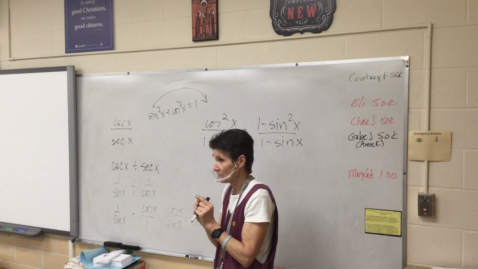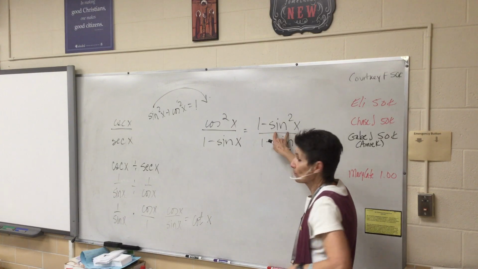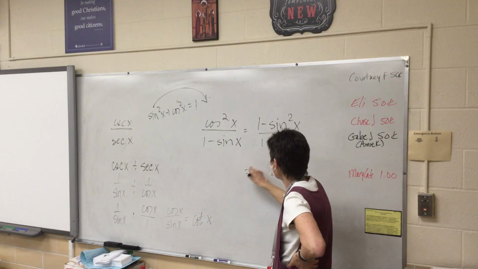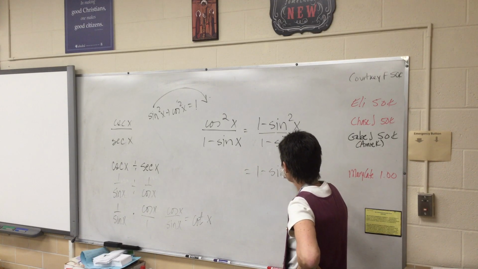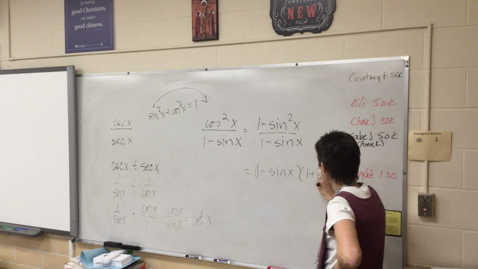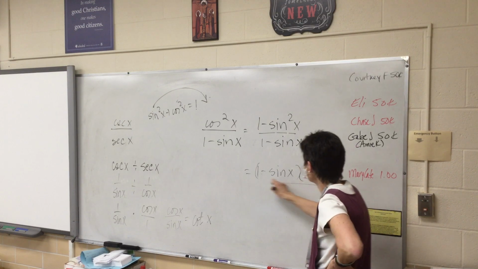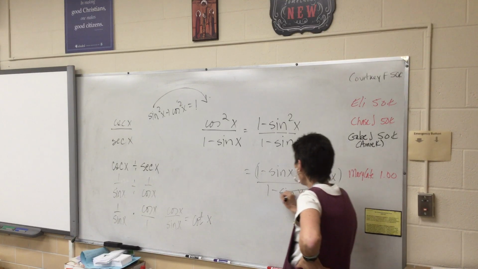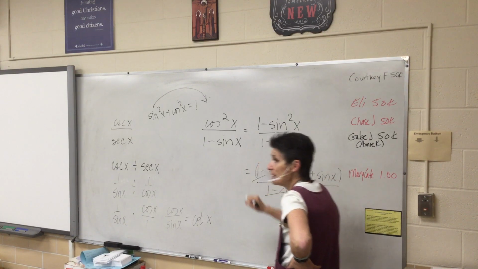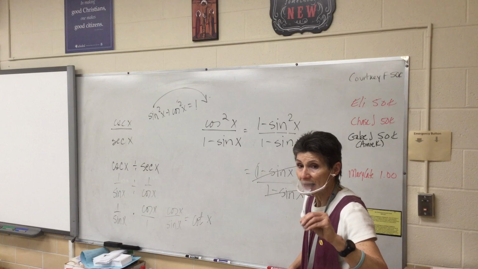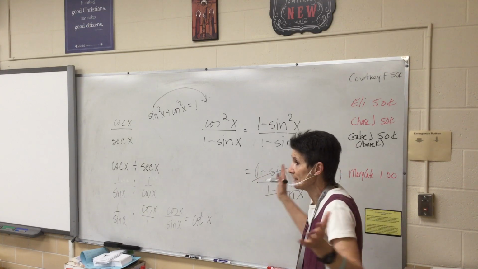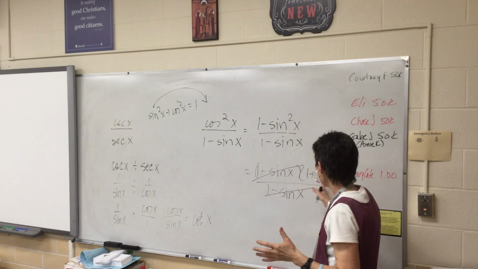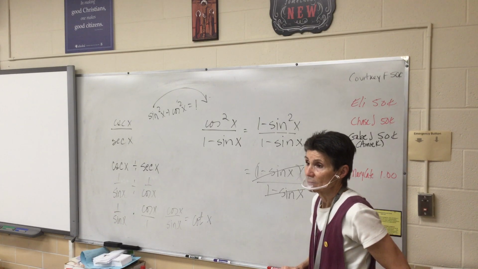You must factor. So does that numerator factor? Yes, it does. That's the difference of squares. So 1 minus sine, 1 plus sine. Now I can cancel, because I'm not canceling a piece, I'm canceling the whole quantity. See the difference, Clara? Okay. So the answer would be 1 plus sine.